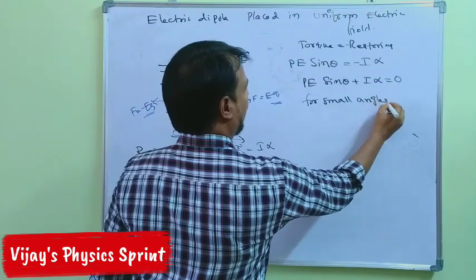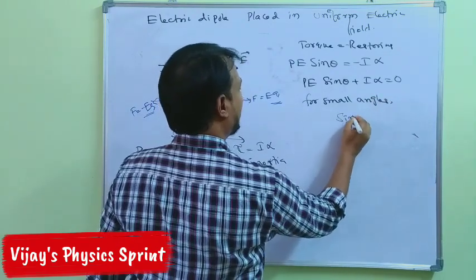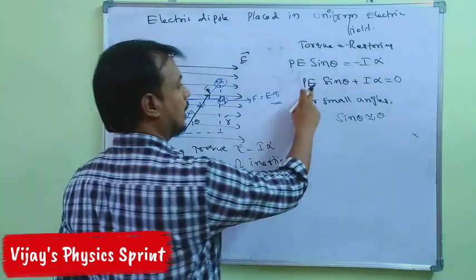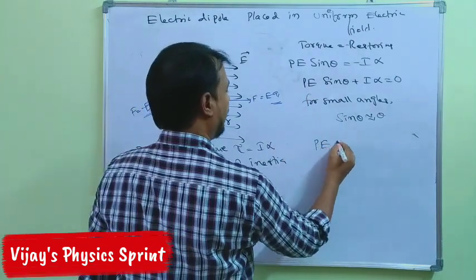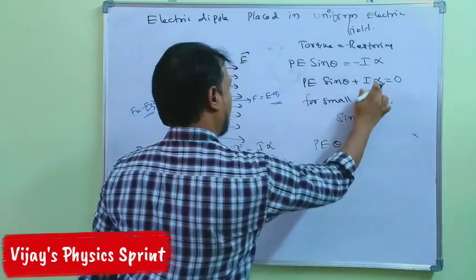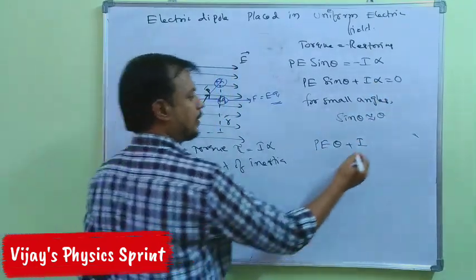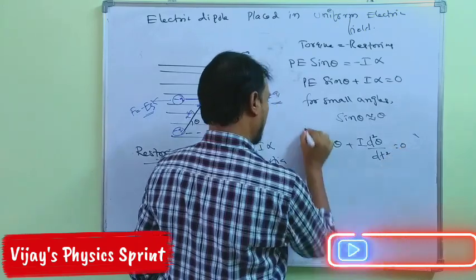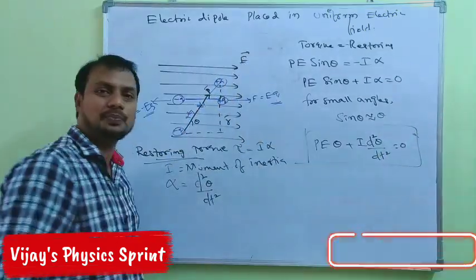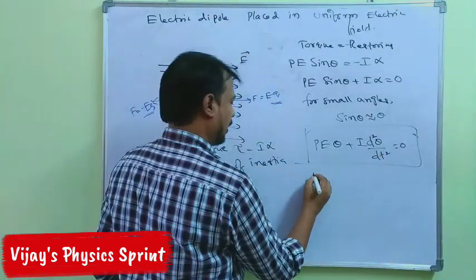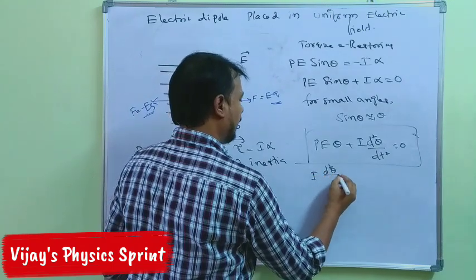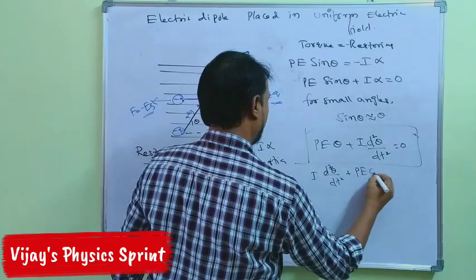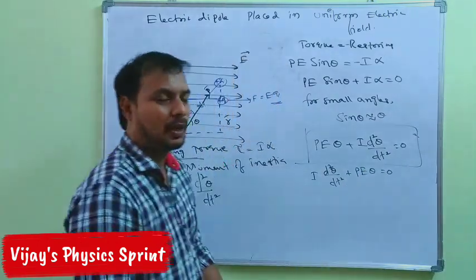In SHM, for small angles, sin theta is replaced with theta. Then pE theta plus I d square theta by dt square equals 0.